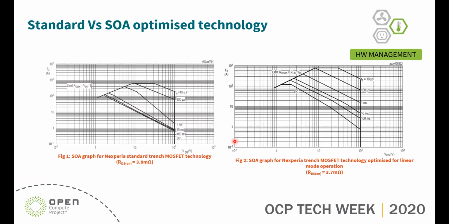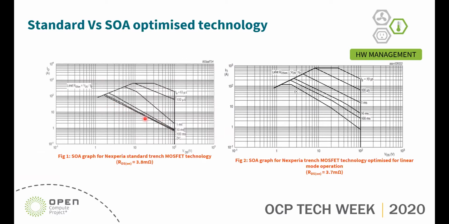Now, how is this SOA, or safe operating area, checked? Each MOSFET has a data sheet, and in the data sheet we provide a graph, which is what you see in front of you here, that has these lines.